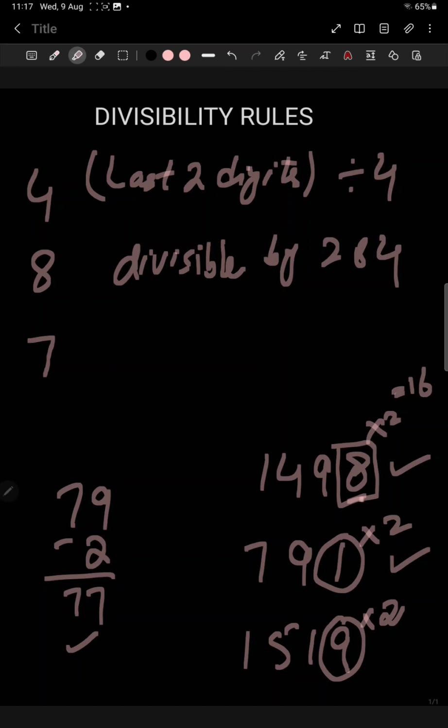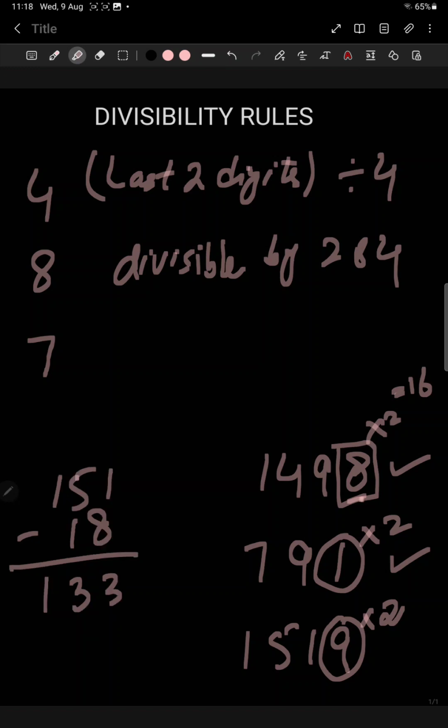So we will subtract 18 from 151. So this is also divisible by 7. In this way we will check all the divisibility rules of 7.